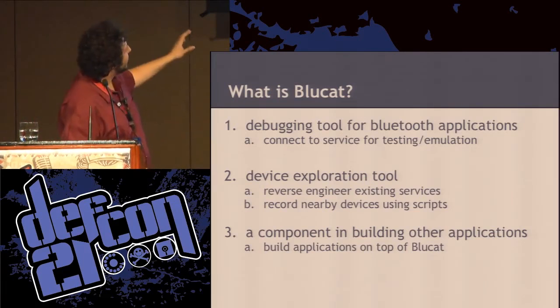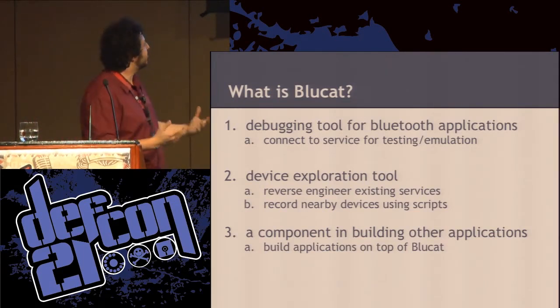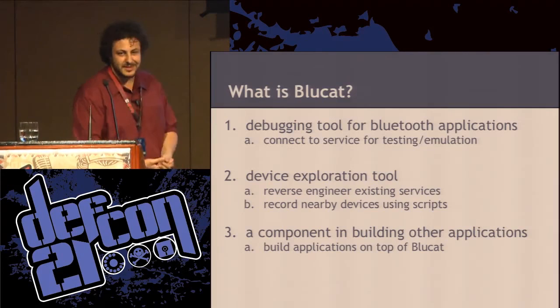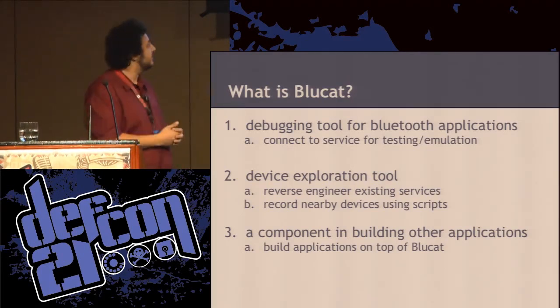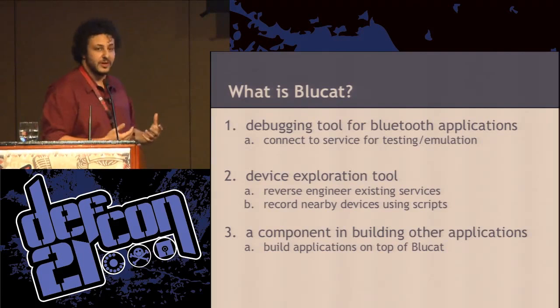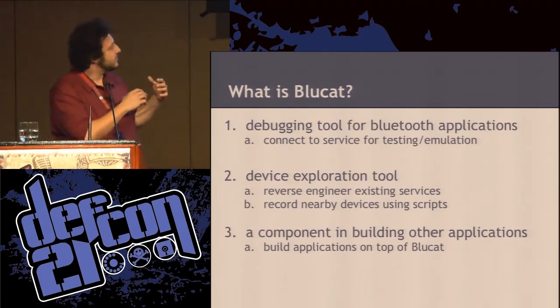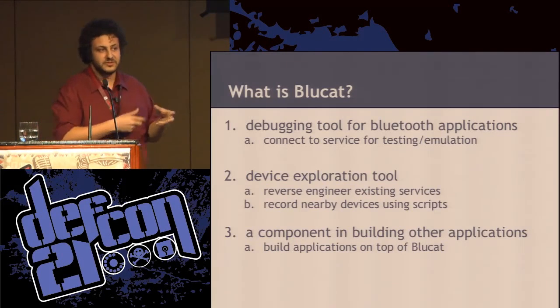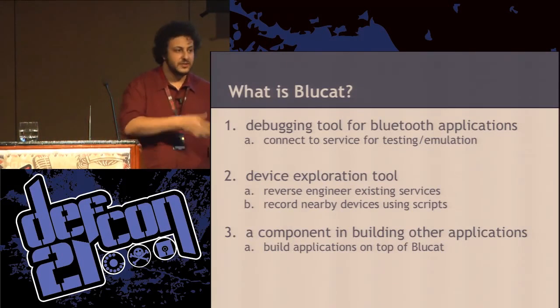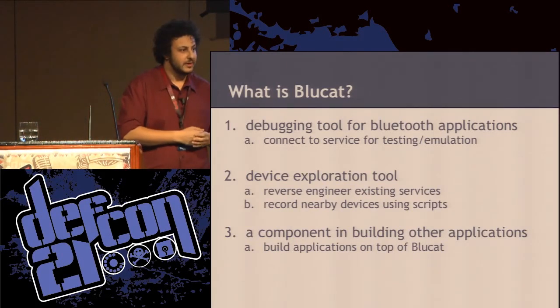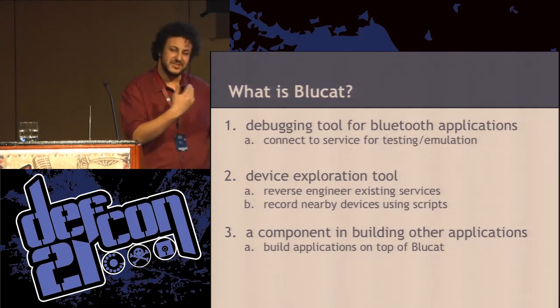So what is Blucat? What is the point of this? There are three main reasons I've been able to come up with. First, it's a debugging tool for Bluetooth applications. If you're writing a Bluetooth app, you can use it to debug your own application and see what's going on, like whether you modified the service record properly so that other devices can see that record.